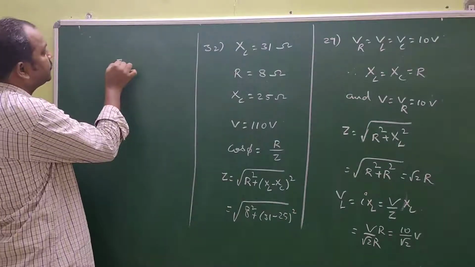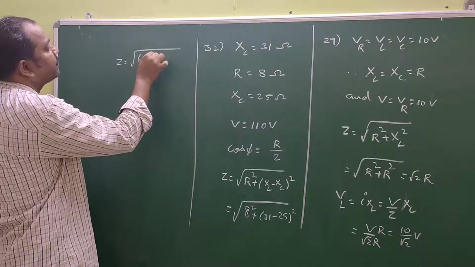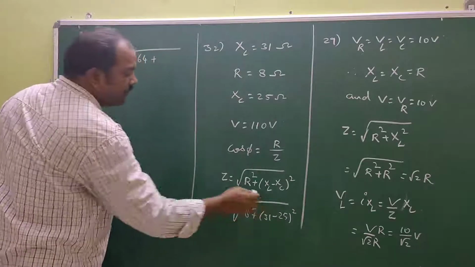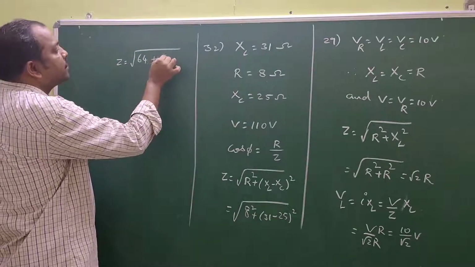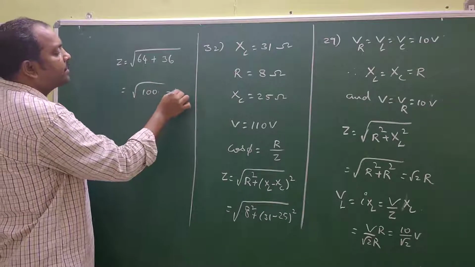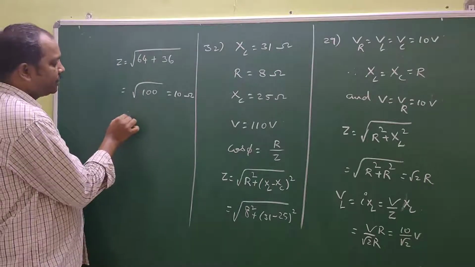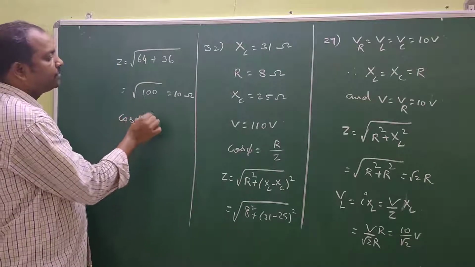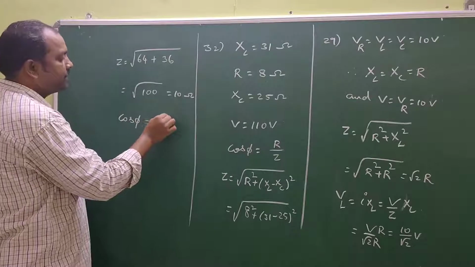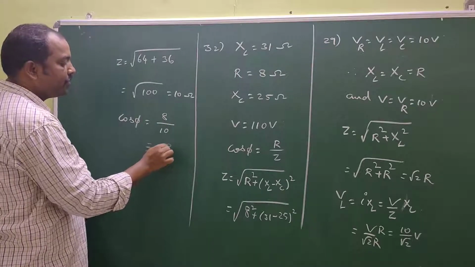So it is under root of 8 square is 64 plus (31 minus 25) is 6, 6 square is 36. It is root 100, it is 10 ohm. Now the power factor cos phi is equal to resistance 8 by impedance 10. So it is 0.8.